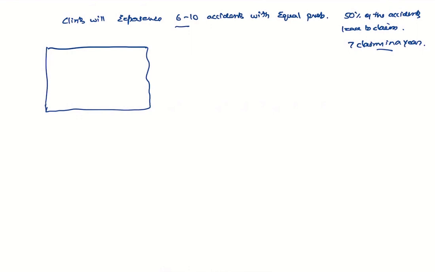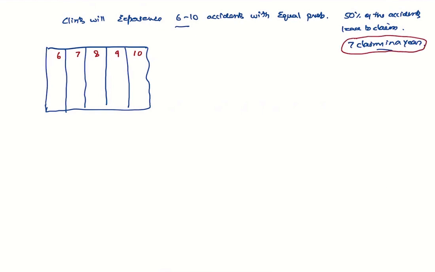probability space, or sample space, and you have five possibilities. You can have 6 accidents or 7 accidents or 8 accidents or 9 accidents or 10 accidents, and we want to know what is the probability, in this sample space, of 7 claims in a year.